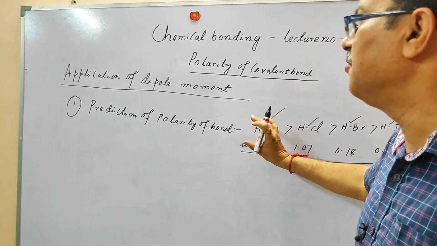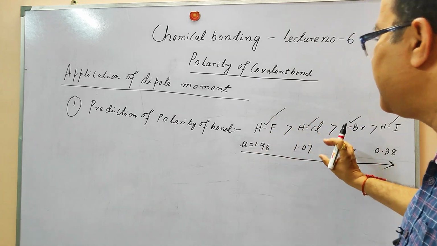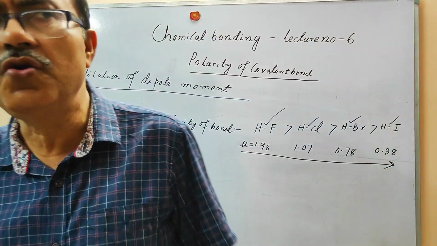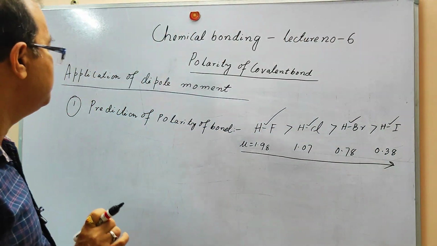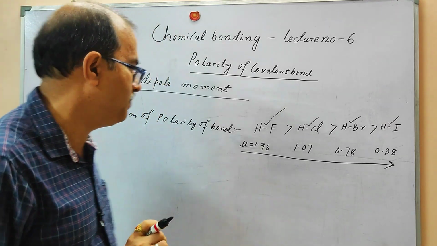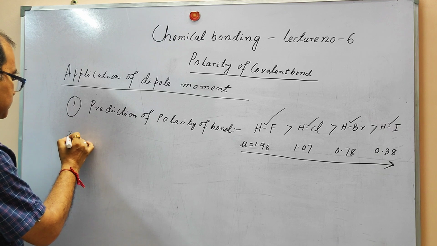So from the dipole moment you can understand the polarity of the bond, whether a molecule is polar or non-polar. That can be easily found out by this very important parameter, the dipole moment.